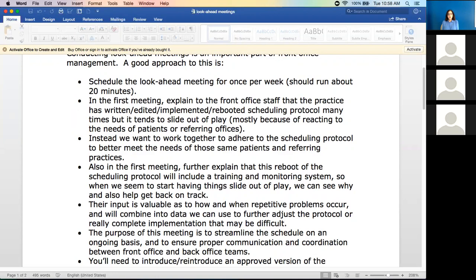Let's say that we're talking about a look ahead meeting in particular, and that we're trying to optimize the schedule. Even that, they know that you've tried several times. They were there for the many, many attempts that you've made at optimizing the schedule, but somehow it doesn't stay the way that you fix it. They know that too.